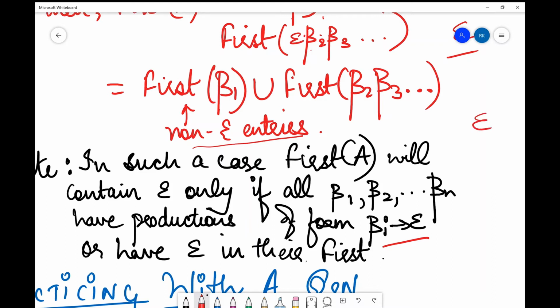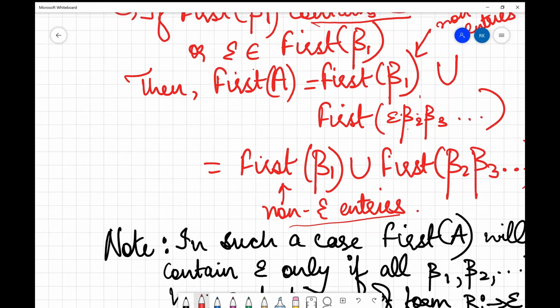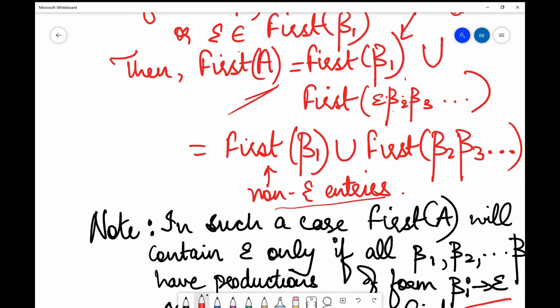So that is the important critical question over here. You may get a direct question on this right away, that when will first of a non-terminal A contain epsilon?